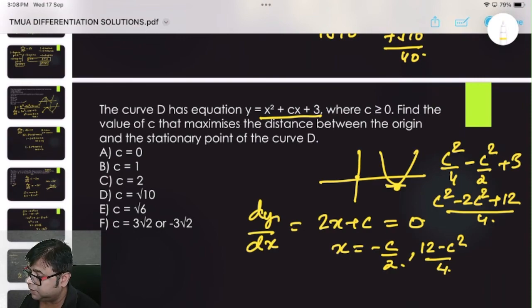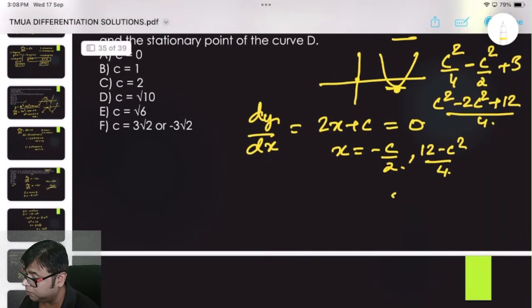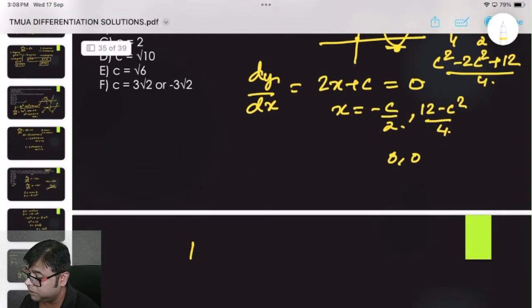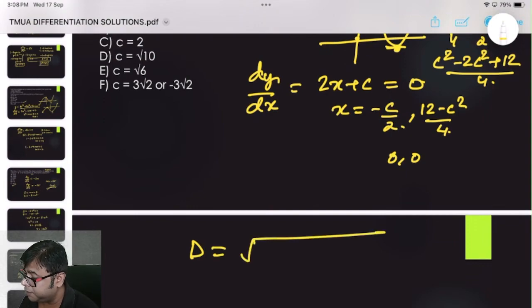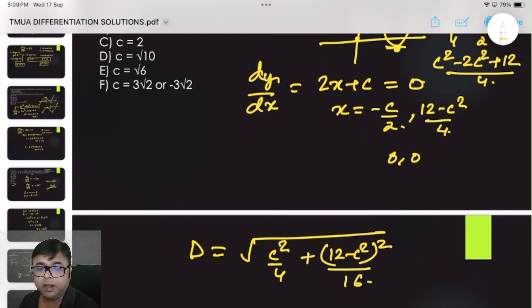And I have to maximize the distance from the origin. So from the origin 0, 0, the distance will be, using the distance formula, under root of c square by 4 plus 12 minus c square whole square by 16. Now in order to maximize d, I need to maximize the expression under the root.